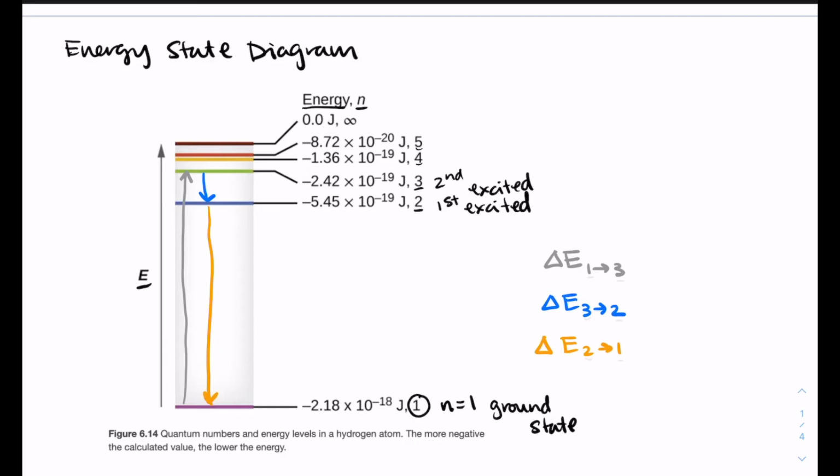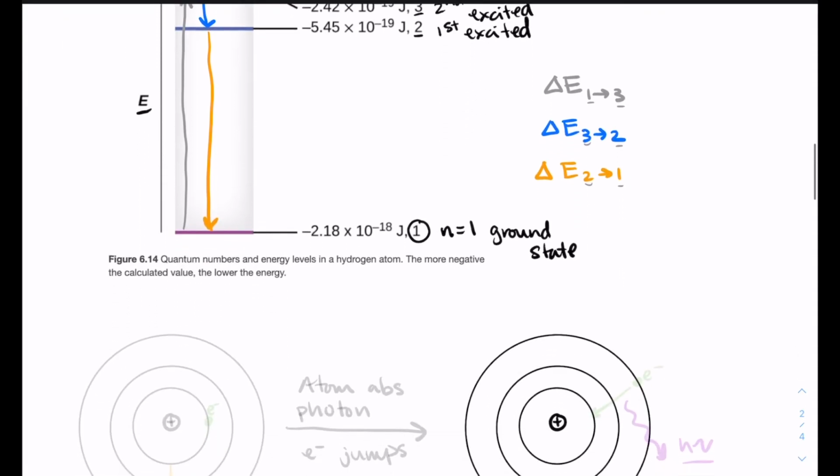As long as overall the amount of energy that goes in is equal to the amount of energy that goes out. So if it jumped up to N equals 3, and then jumped down to N equals 2 and emitted that photon, it could not jump back up unless it absorbed more energy from a new photon.